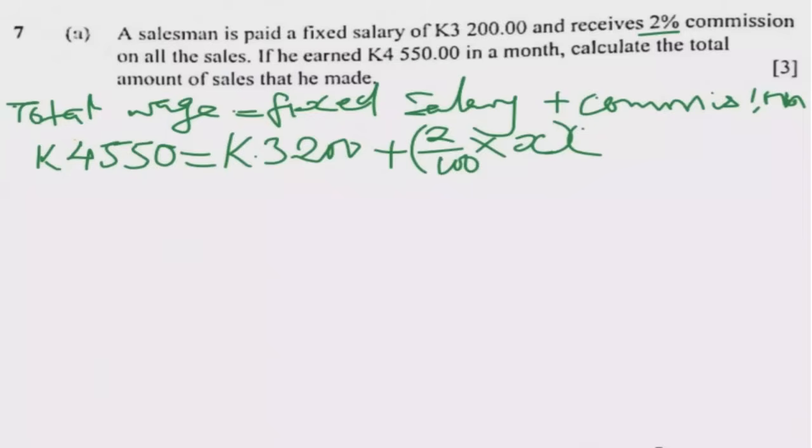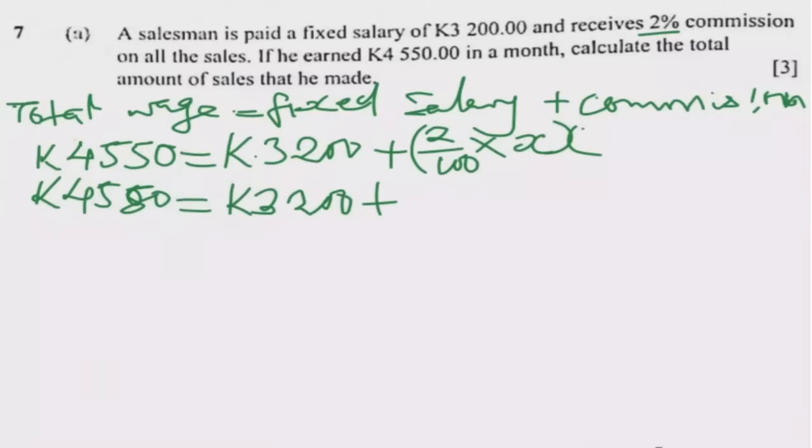So to get rid of the fractions, we have 4,550 is equal to 3,200 plus 2 times x, which will give us 2x over 100. So we can multiply all the terms in this expression by 100 so that we get rid of the fraction.